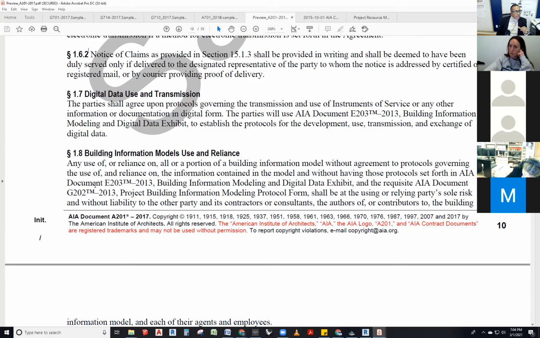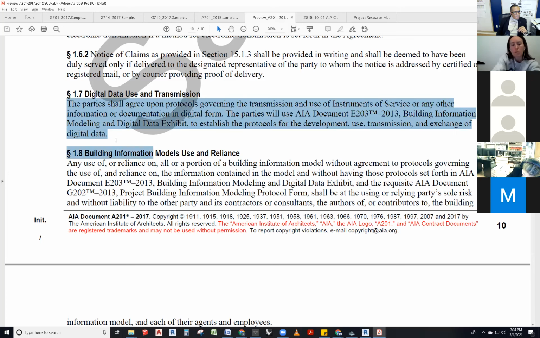So section 1.7, digital data use and transmission. The parties shall agree upon protocols governing the transmission and use of instruments of service or any other information or documentation in digital form. The parties will use AIA document E203 2013, Building Information Modeling and Digital Data Exhibit, to establish the protocols for the development, use, transmission, and exchange of digital data.